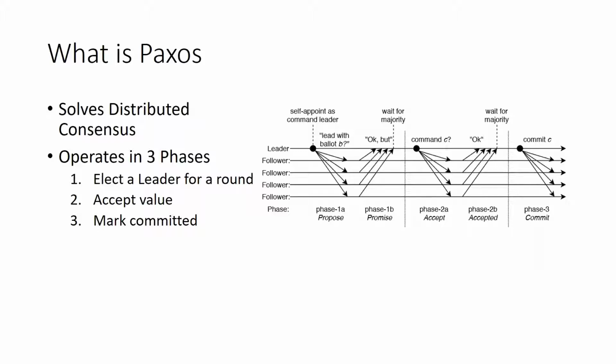The Paxos-based replicated state machine would operate in these 3 phases that you see on the screen right now. In the first phase, the leader election phase, one node is going to establish itself as the leader to propose the command, to tell what command should be accepted in the Paxos round.